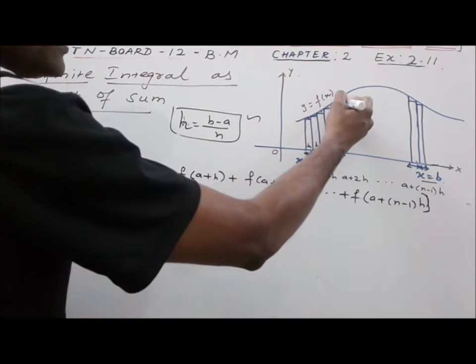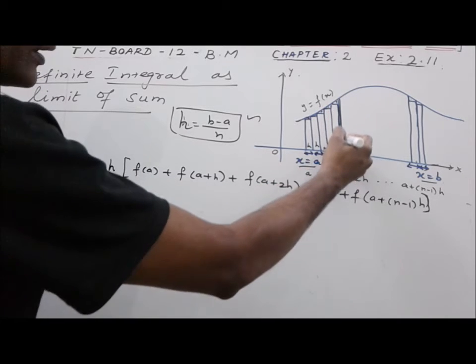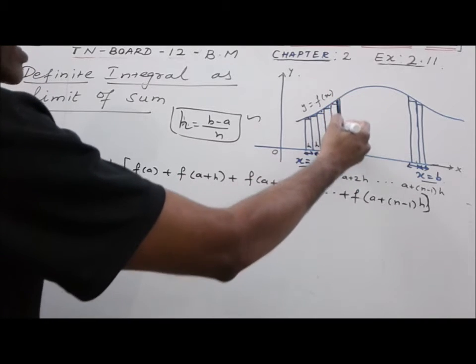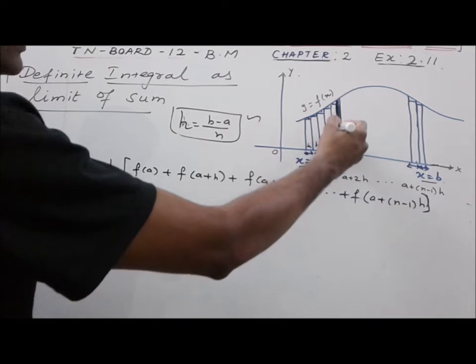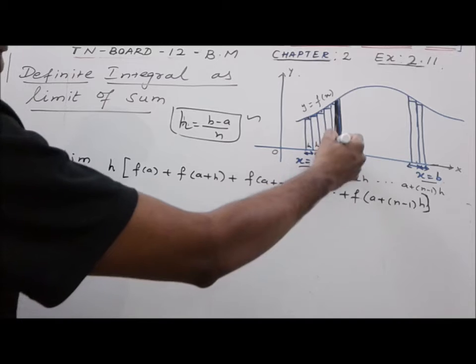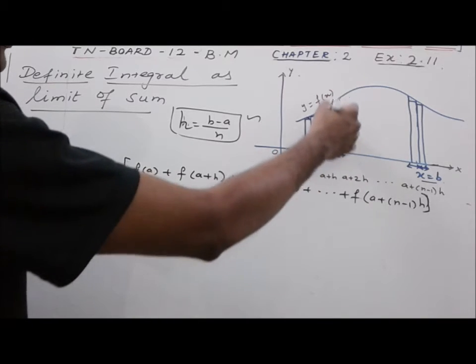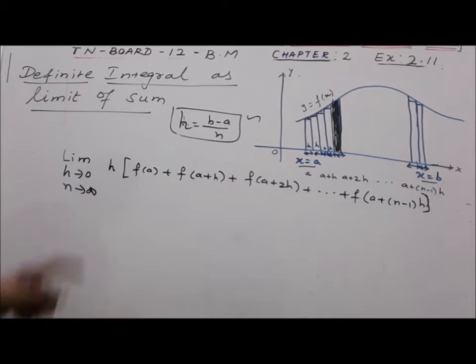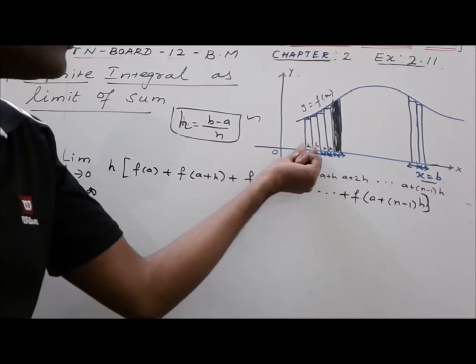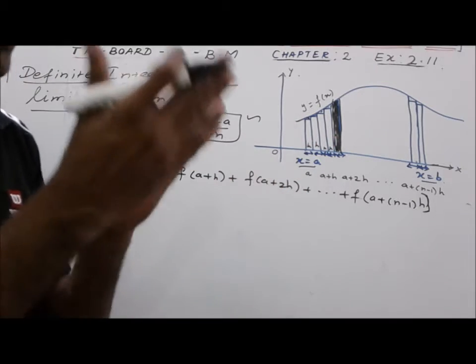When we apply the limit, every rectangle is converted into small stripes of lines without any area left out, so the entire area will be covered. When h tends to 0, the width becomes 0, therefore the lines are coincident lines.